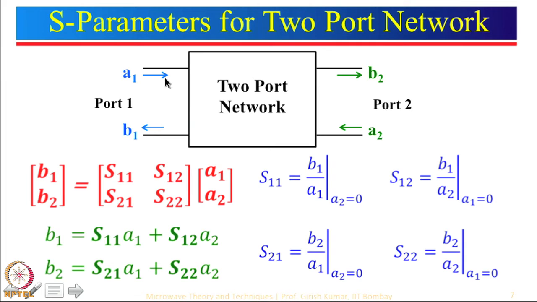So it is not same as current, it is an incoming wave, and B1 is reflected wave. So we are talking about now microwave frequency, where we do not talk about voltages and currents, whereas there we call, let us say, an antenna which will receive the signal, and through the antenna we can transmit the signal. So there are incoming waves or outgoing waves. Similarly for an amplifier, there will be incoming wave, there will be outgoing wave.